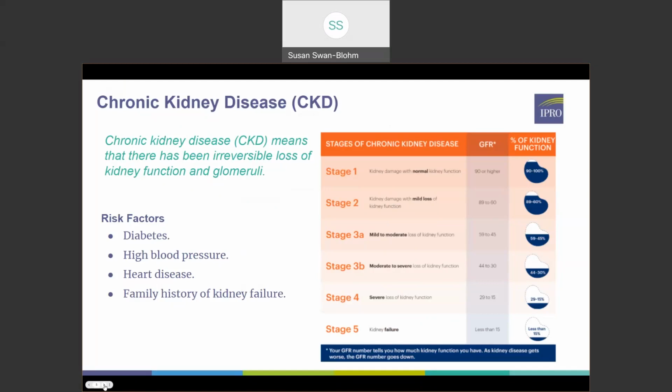Stage 3 ranges from mild to moderate kidney function with a GFR of 30 to 59%. Stage 4 shows severe loss of kidney function with a GFR range of 15 to 29%, and Stage 5 kidney failure with less than 50% of normal kidney function.